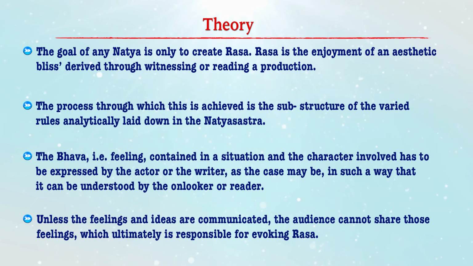Unless the feelings and ideas are communicated, the audience cannot share those feelings, which ultimately is responsible for evoking rasa. The art of communication is called abhinaya. There are 4 mediums of expression available for the artist. This analysis given in the Natya Shastra is so accurate and universal that it is valid even today for any kind of dance performances across the globe.